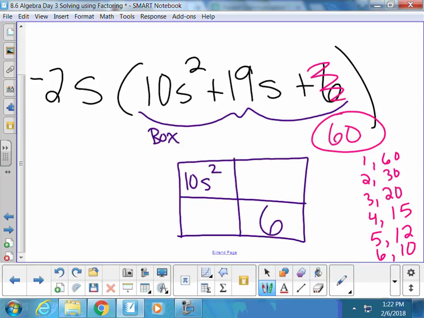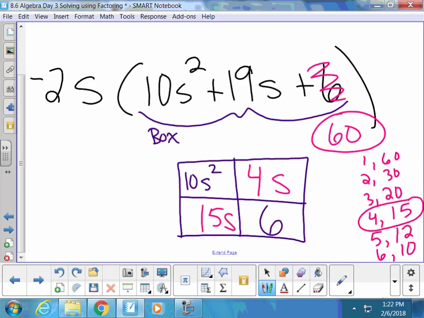Did anybody holler yet? Yeah. I was hoping somebody would holler when I got to 4 and 15, so I wouldn't have to move on, but nobody said anything because they're too shy. I love the idea of 4 and 15 because they will add up to the 19 that I need. So I'll put them in my remaining 2 boxes with some variables.